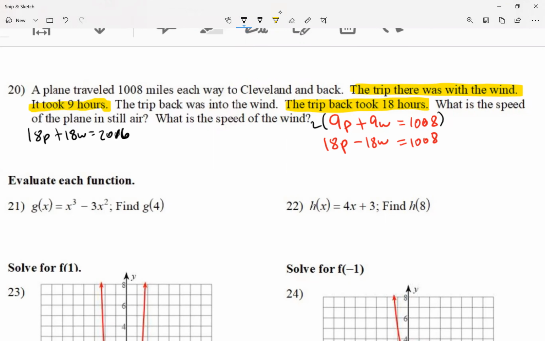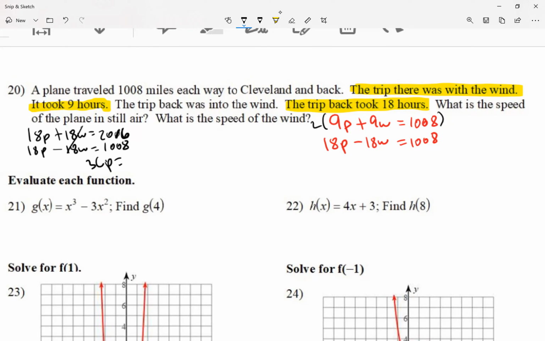I multiplied everything by 2. The second one, I have 18P minus 18W is equal to 1008. The cool thing is that the W's cancel out. So if I combine the P's, 18 plus 18, that's 36P.